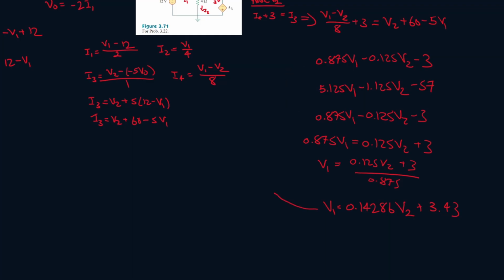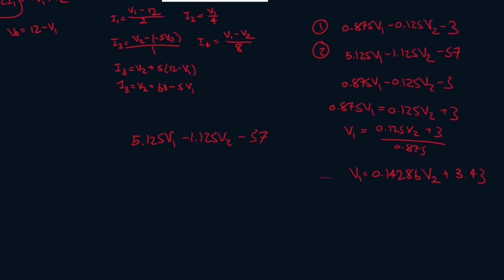Now we can plug this V1 into our second equation. This was our first equation. This was our second equation. So now we have 5.125 V1 minus 1.125 V2 minus 57. So let's plug in our V1 into that V1.